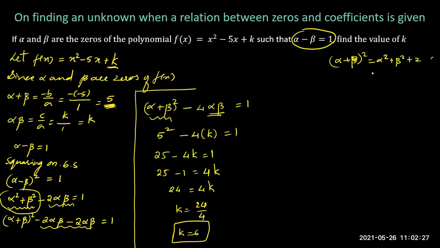Correct. So this alpha square plus beta square means alpha plus beta whole square minus 2 alpha beta. So in place of alpha square plus beta square, we are writing alpha plus beta whole square minus 2 alpha beta. And this alpha beta is as it is.